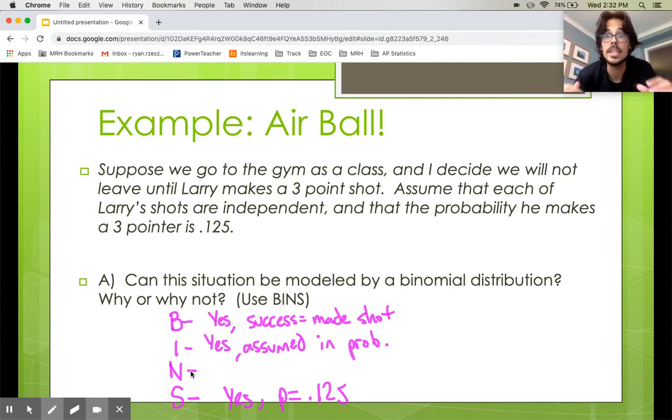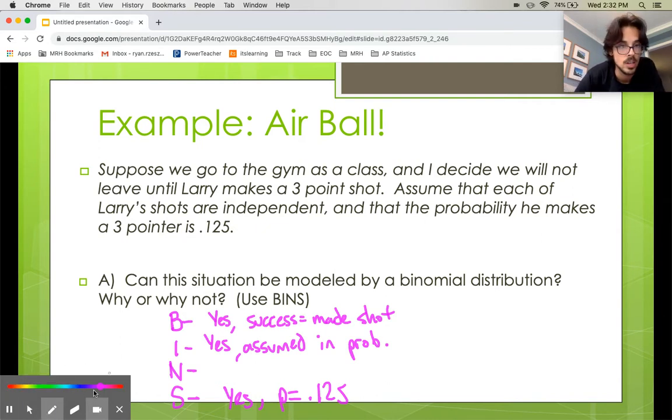We have no idea going in how many trials it's going to take. That's actually what we're interested in in this problem here. And this is actually the difference between a binomial setting and the new setting we're going to talk about called a geometric.